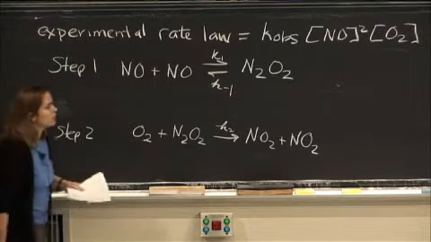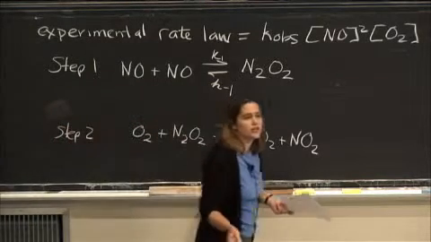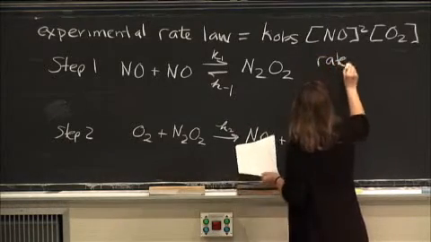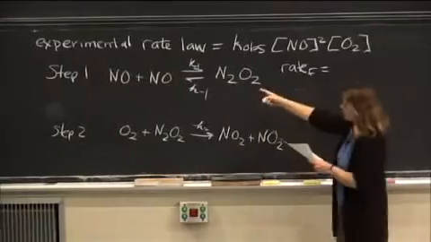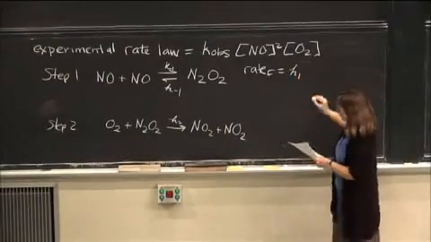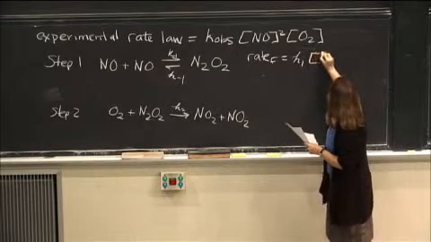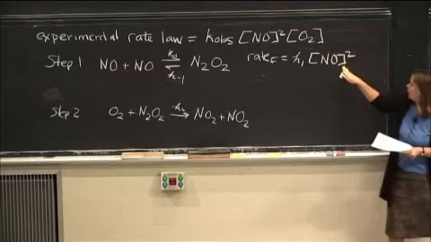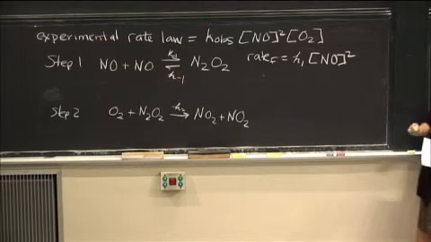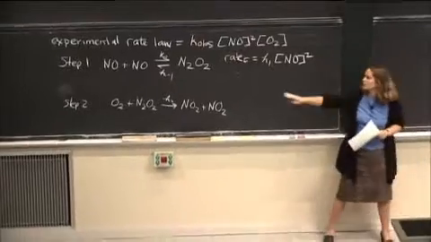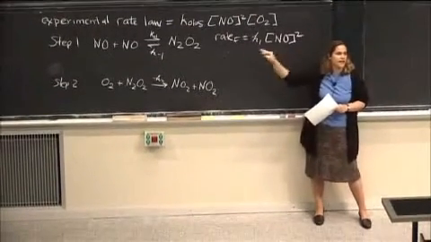So now we can write the rates for each of these individual steps. We can write the rate for the forward reaction here. And so that's going to be equal to K1 times NO squared. And again, this is a step or an elementary reaction. So we can write the reaction exactly as it occurs.